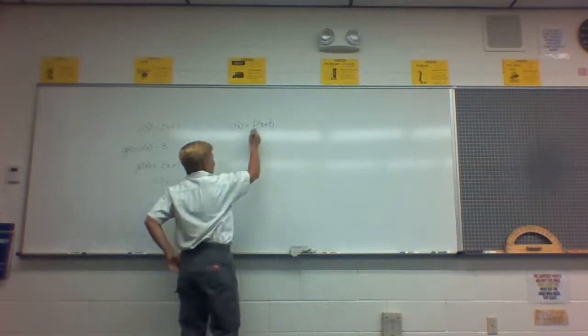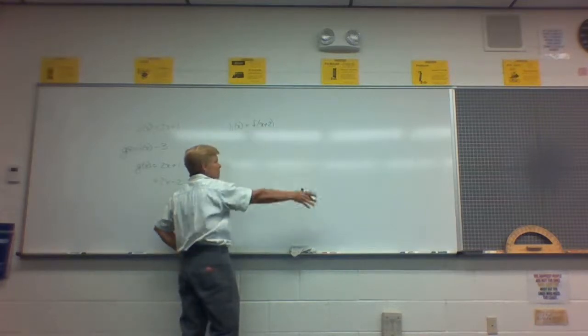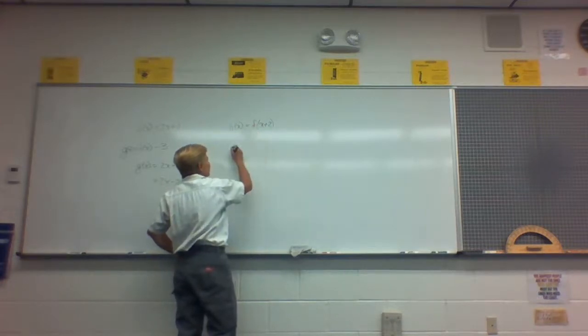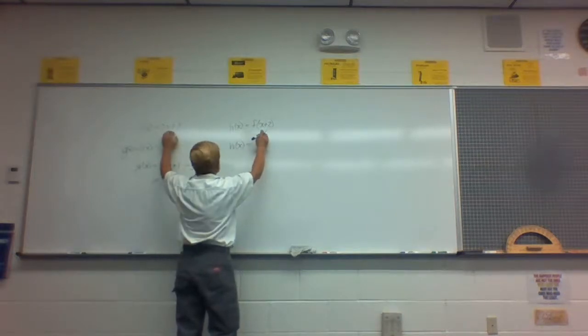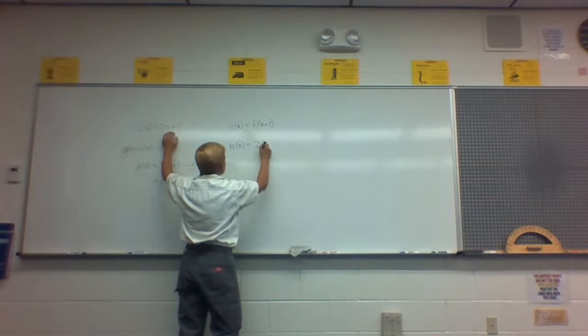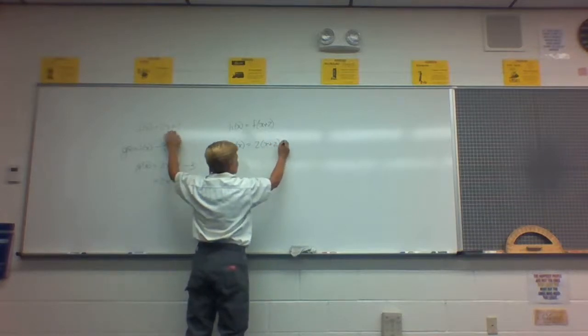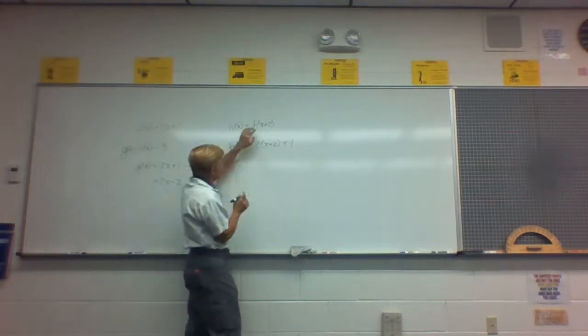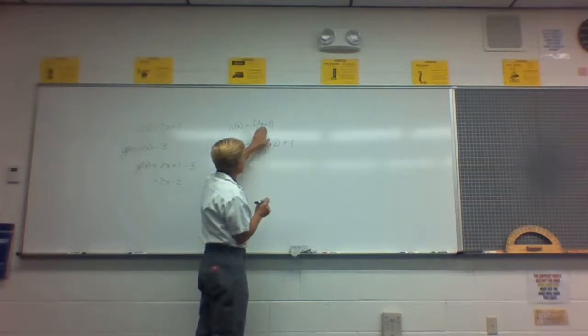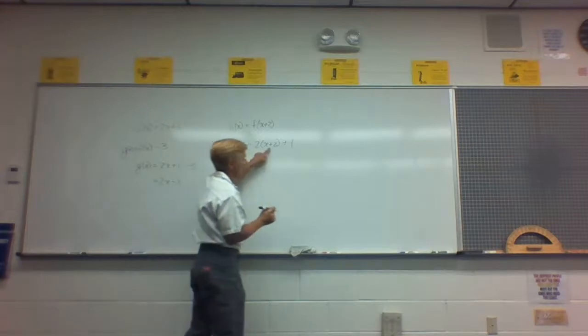Okay, so then what this means, and this is the reason why I showed that other part that I erased, to write this down, h has got to be, bringing this home to this specific function, 2 times x plus 2 plus 1. See? When it happens inside, you're going to have to write f of x plus 2, which means replace the x in f with x plus 2.